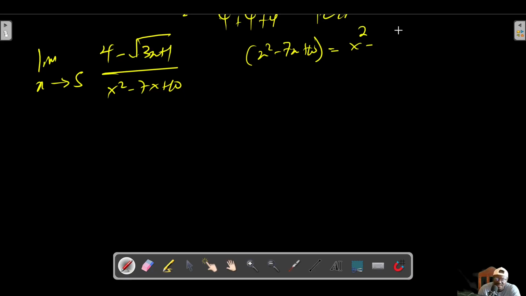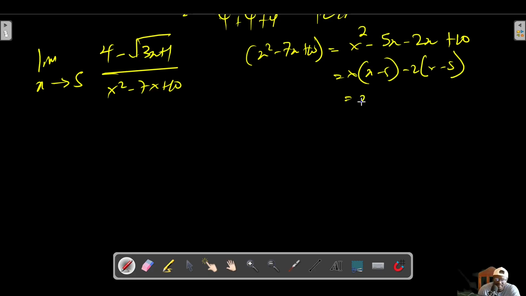And those factors will be negative 5 and negative 2. So here we end up with x minus 2 multiplying x minus 5. So these are the factors of x squared minus 7x plus 10.